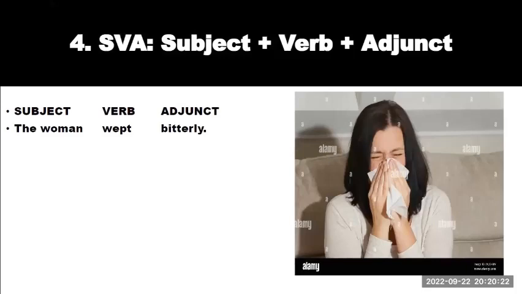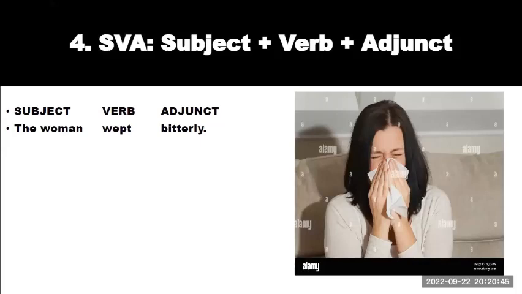Number 4, SVA. A sentence with the SVA structure contains 3 parts: subject plus verb plus adjunct. For example, the woman wept bitterly. The woman is the subject. Wept is the verb.